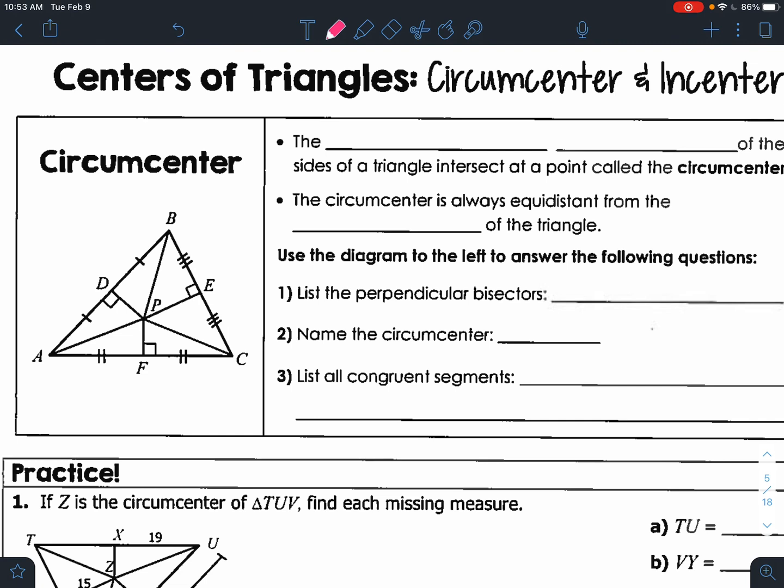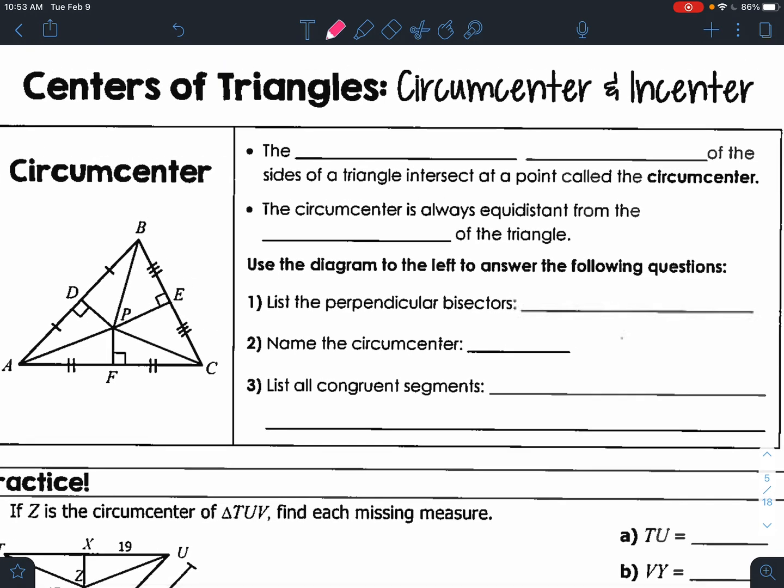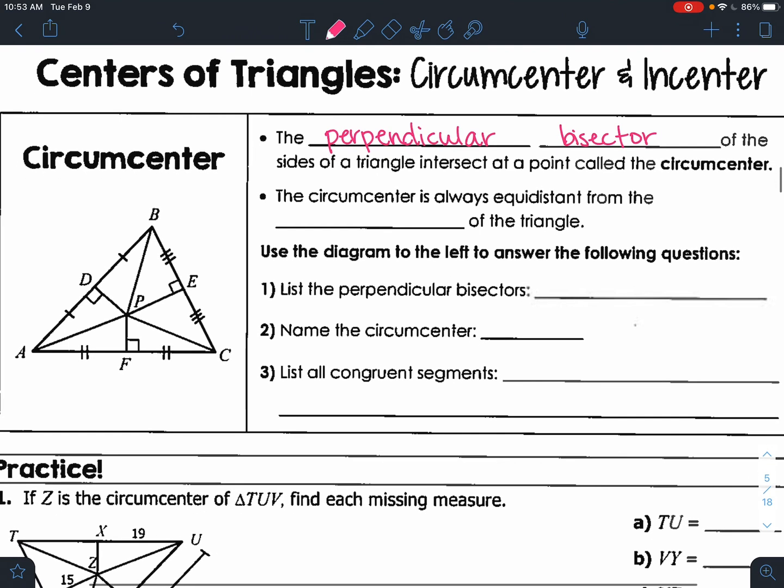Now, what we use for our first point of concurrency are our perpendicular bisectors. So our perpendicular bisectors meet at what we call the circumcenter. This section of Unit 3 has a whole lot of vocab, so we've just got to make sure that we're really studying this.